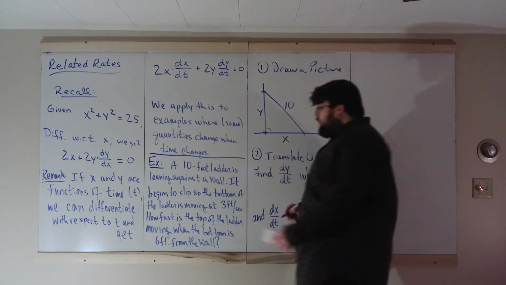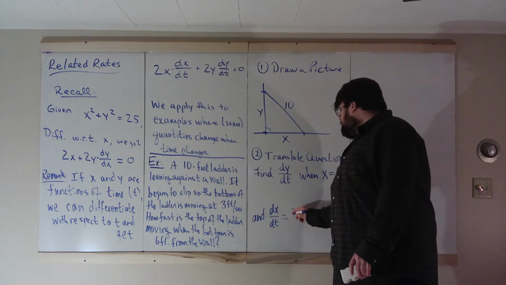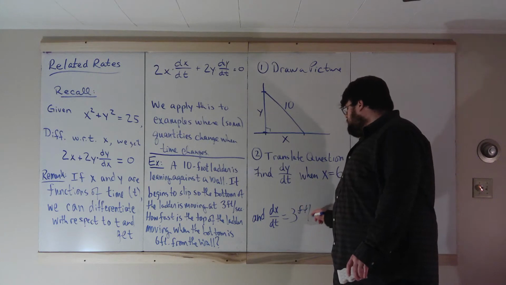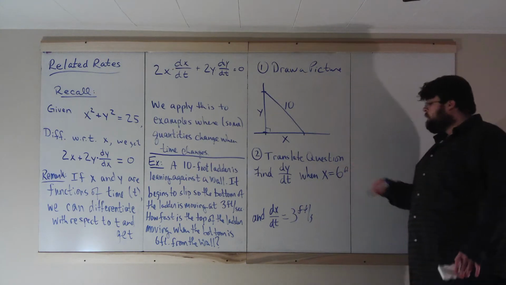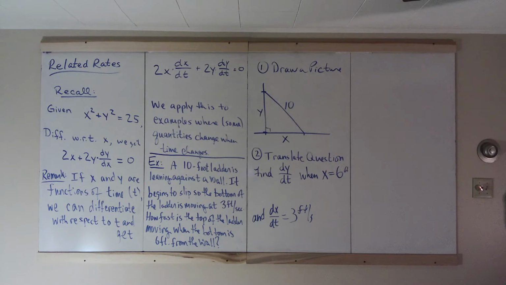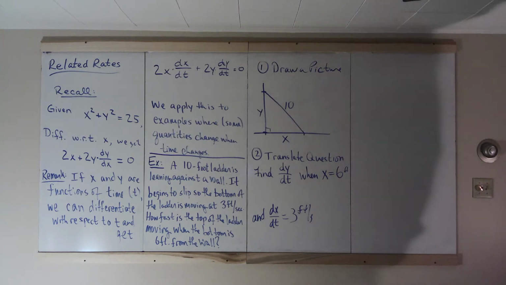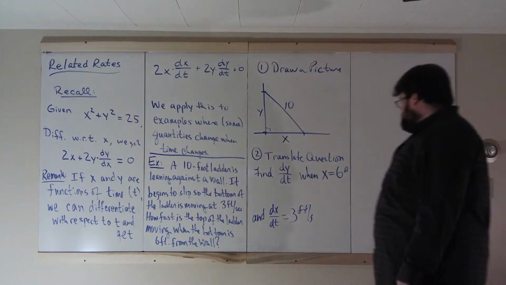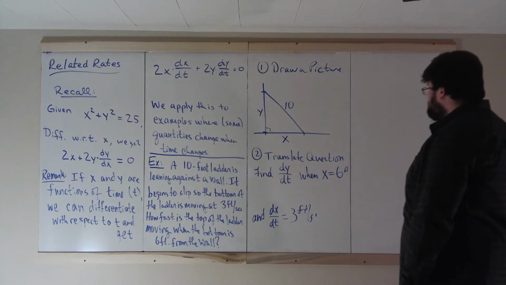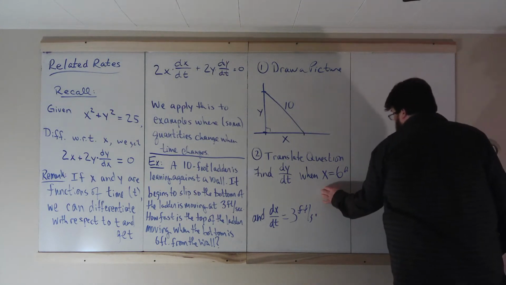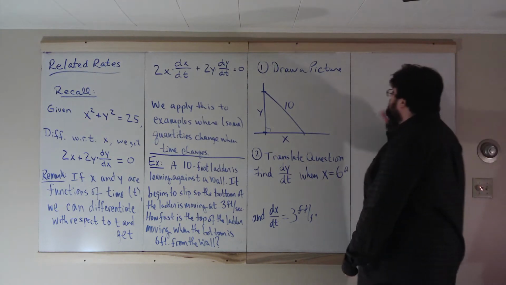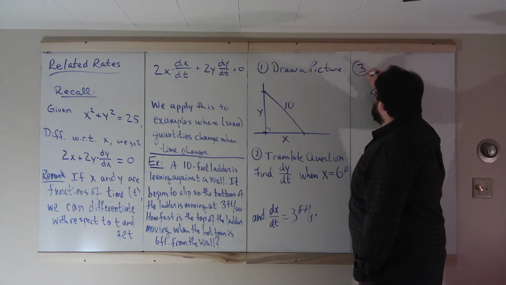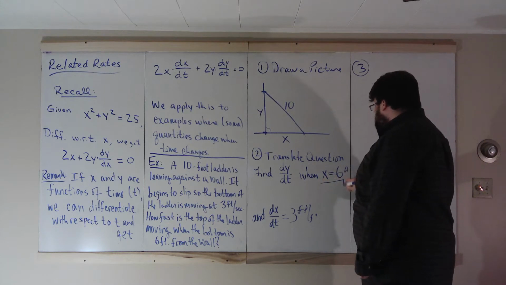So x is changing as time is changing at a rate of 3 feet per second. Well, okay. That's great. Actually, before I fill in the other thing I was going to fill in here, I'm just going to move on to 3 and then fill it in a moment. I'm going to leave a gap about that big here.